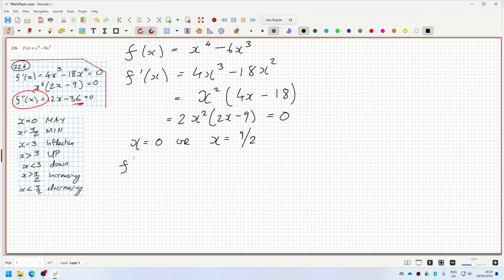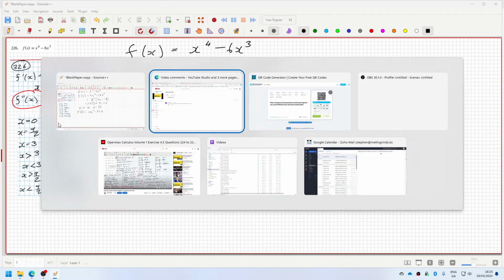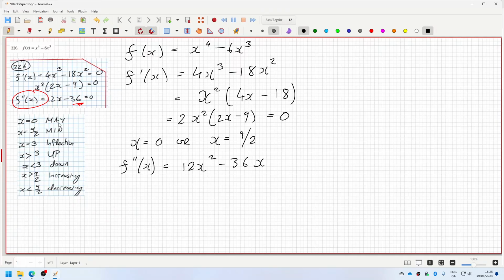Let's calculate the second derivative. That is 12x squared minus 36x. Oh, did I miss the square as well? Twelve x squared minus 36.